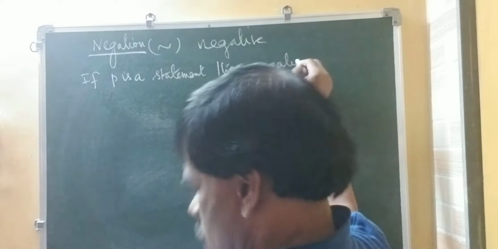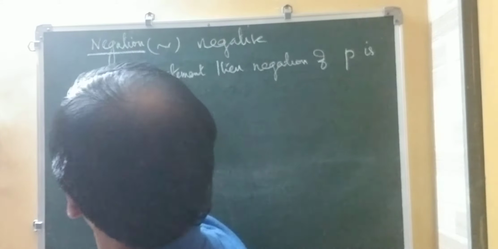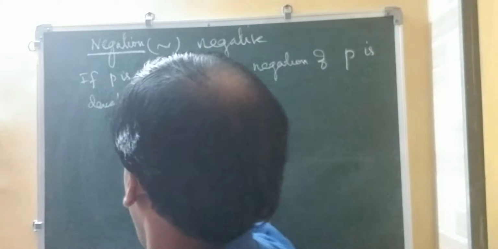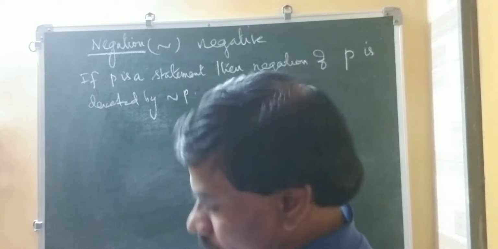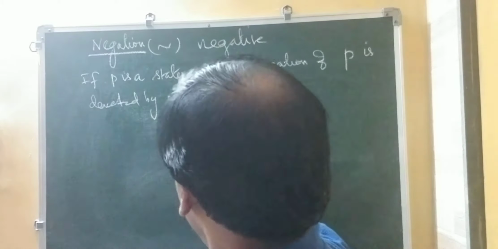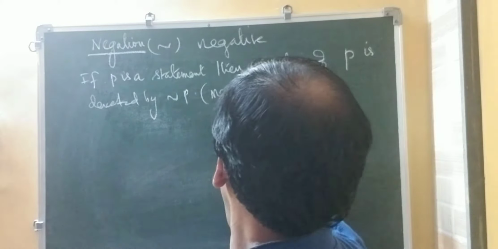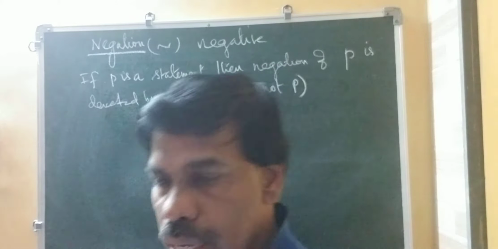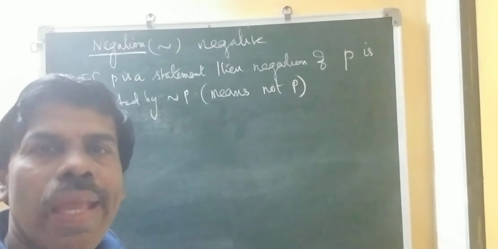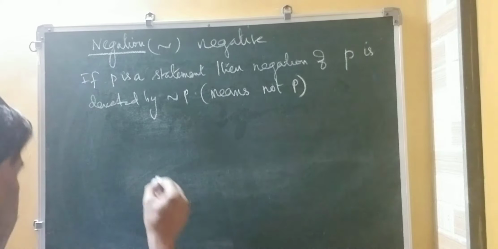Negation of P is denoted by negation P. That's all. Negation means not, or we say it means not P. Negation means what? It is negative. We should say in a negative way. That is not P.